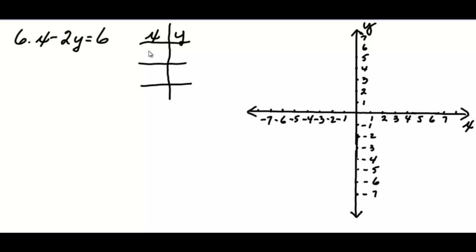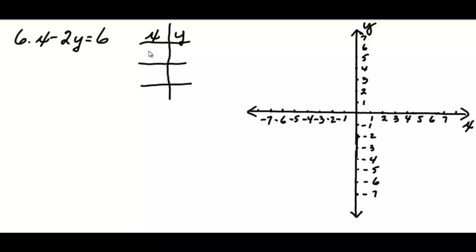What we do in graphing linear equations for now is, when we look at our equation in number 6, x minus 2y equals 6, we pick out a value for x, and then we solve for y. What I like to do is look at the number in front of the variable y, and in this case it's 2.